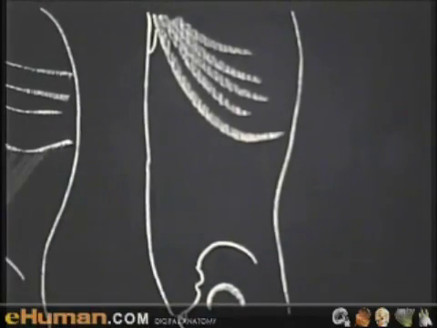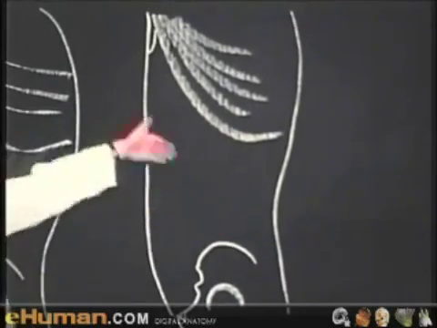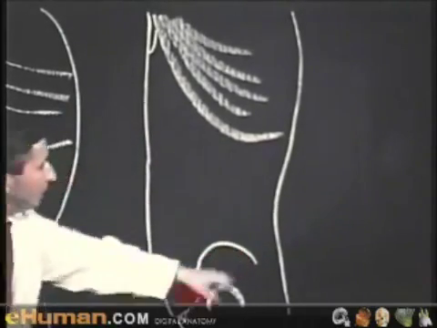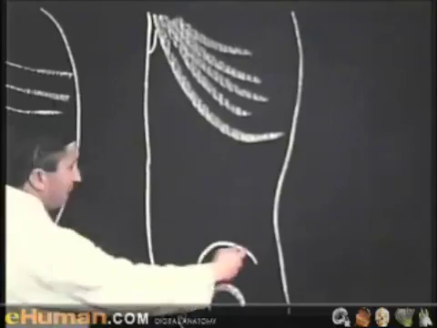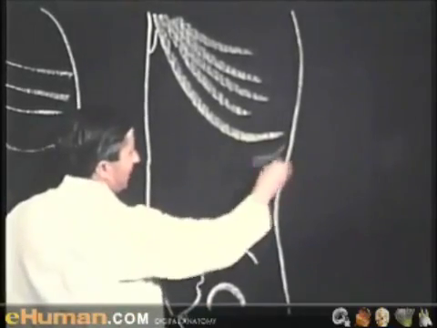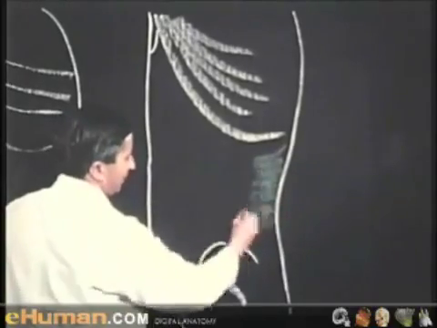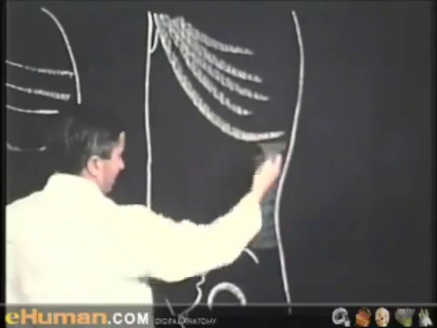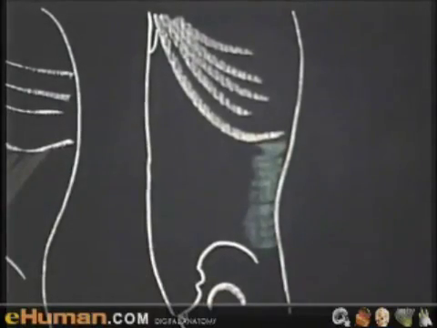Now the fibers of the internal oblique pass upwards and forwards, and they arise from the iliac crest and from the lumbar fascia. Now the lumbar fascia merely connects this muscle to the lumbar vertebrae posteriorly and fills in this interval between the costal margin and the iliac crest.